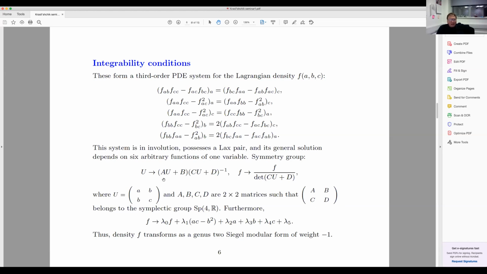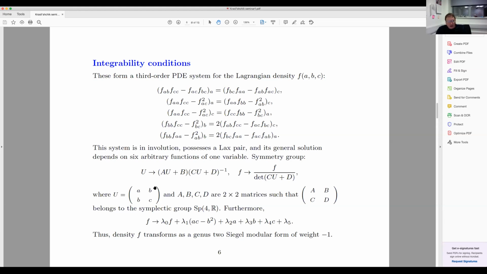And by the way, this action is the standard action of Sp(4,R) on the 2x2 symmetric matrices. Such action is well known in the theory of Siegel modular forms, right? So the Siegel upper half space is precisely the space of symmetric matrices.